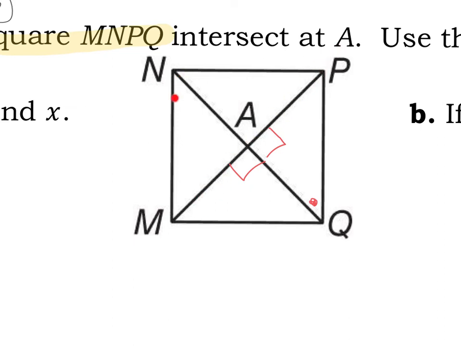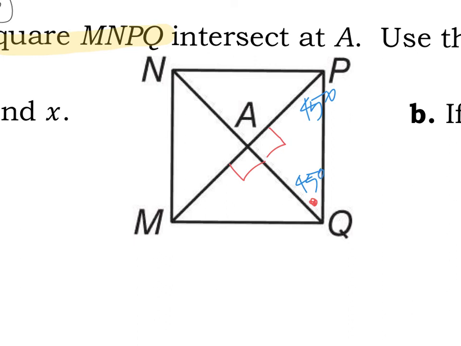And so a square has a 90-degree angle here, here, here, here, right? It has a 90-degree angle for all 4 of its angles. So if you're bisecting it, then you're creating a bunch of 45-degree angles. So I'm going to write 45 degrees here and here. And so now we figured out what angle AQP is.